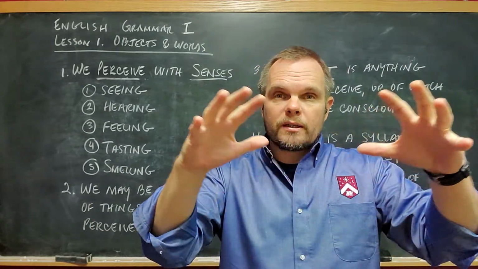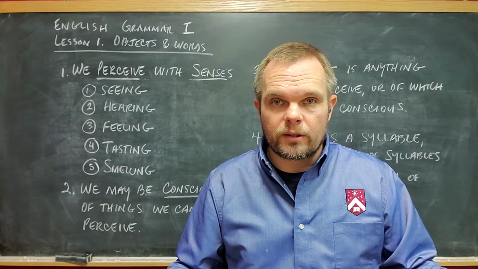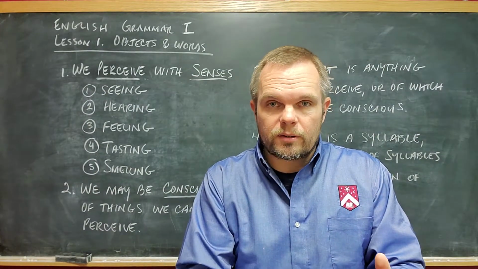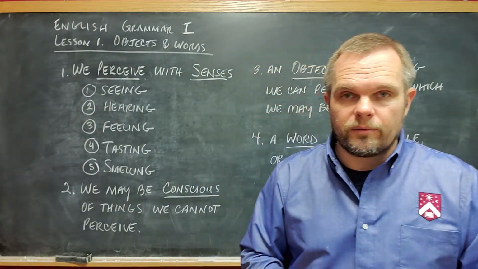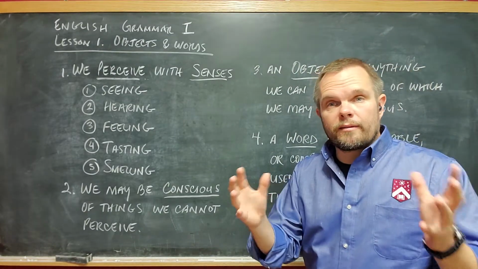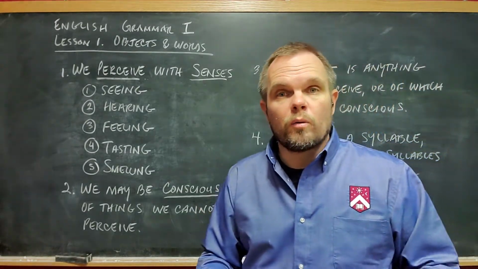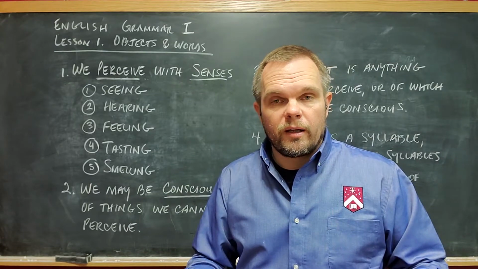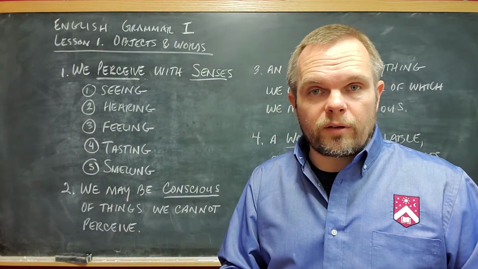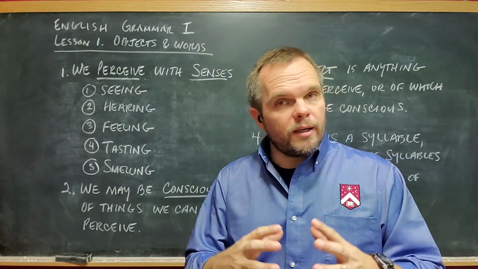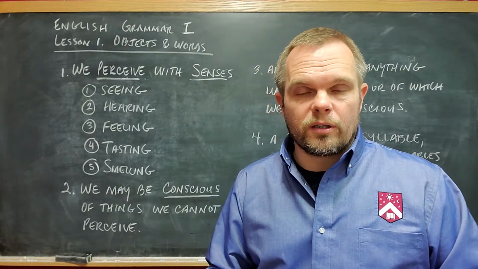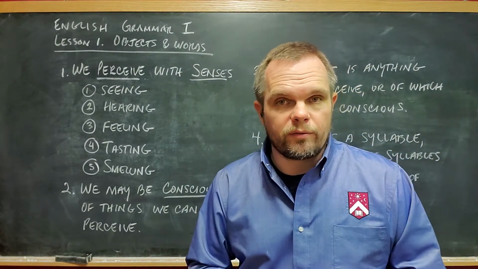So we can be conscious of many things, and some of those things we may also perceive. All right? Everything that we perceive, we are conscious of. But not everything that we are conscious of can we perceive.